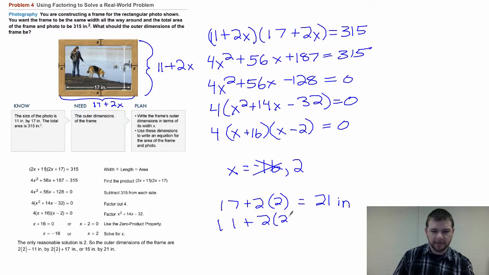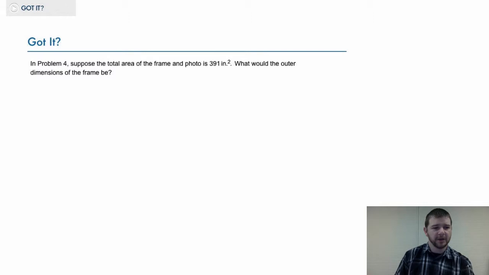X again is 2. 11 plus 4, 15 inches. And so our final outer dimensions of the photo and frame, or the outer dimensions of the frame itself, are 21 by 15 in terms of inches. And we can write that as 21 inches by 15 inches. And a chance to show that you have got it.